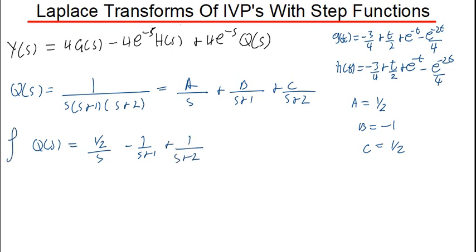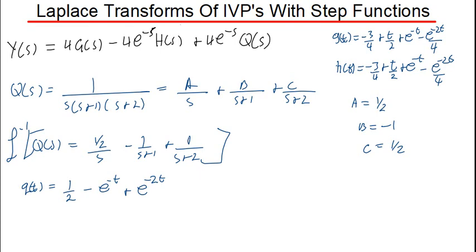So if you're looking for the inverse Laplace of this one here, I know I'm supposed to find it together with this one, but don't worry, I'll bring that part back. So meaning my q of t is equal to 1 over 2 minus, that will be e to the minus t, then this part, that will be plus e to the minus 2t.